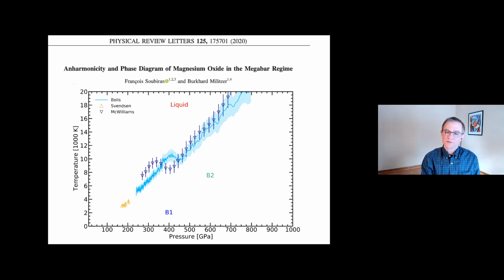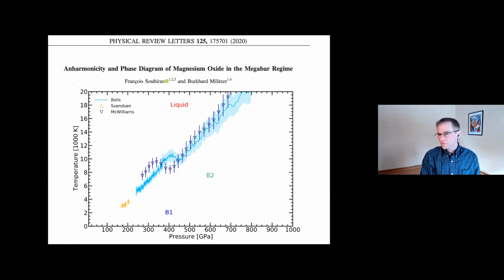You can say this has something to do with the B1 to B2 transition, because magnesium oxide is theoretically predicted to change from a sodium chloride structure to a cesium chloride structure because it forms slightly more densely packed. That's not been seen directly in diamond anvil experiments because this happens around 450 GPa, which is a little bit outside the regime where it can be accessed.